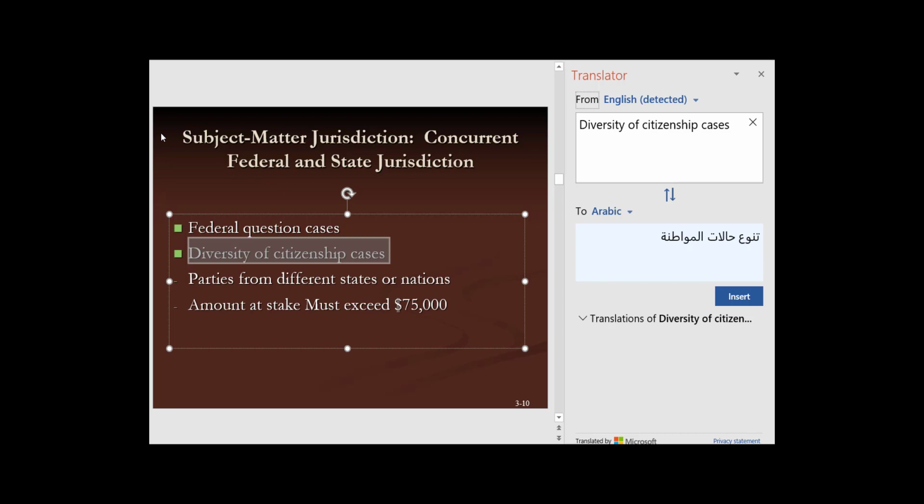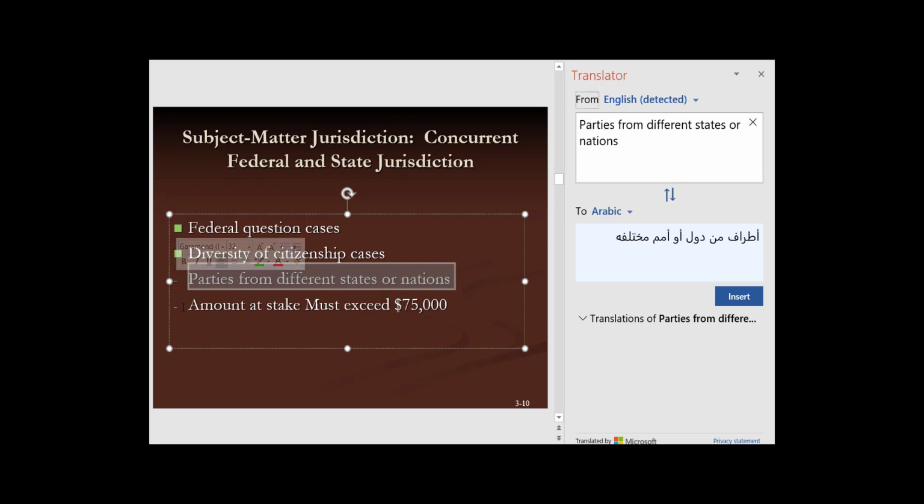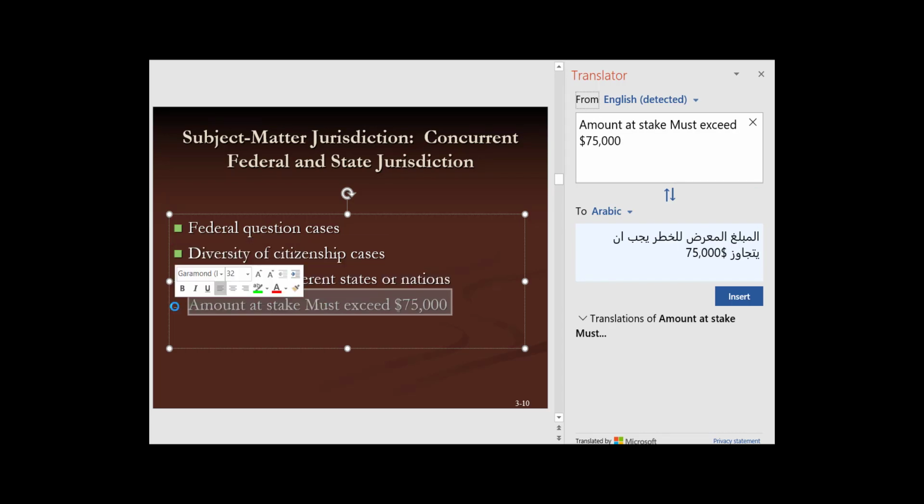Now, you would sue the company because in diversity, the parties cannot be from the same place. Okay? So, he is from Saudi Arabia. He's a citizen of Saudi Arabia, and you're a citizen of Saudi Arabia. You see, that would block you from going to federal court.